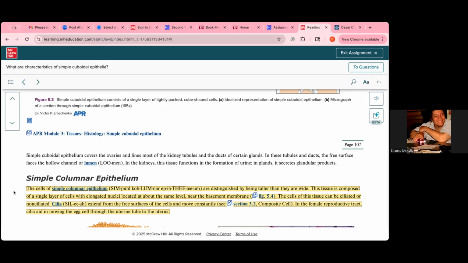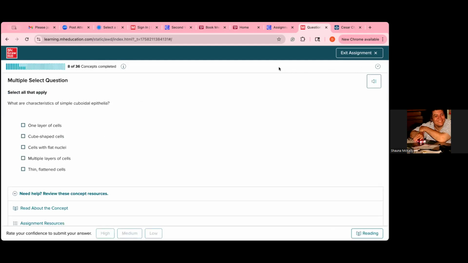All right, let's take a look at the question now. So it's simple, so it's one layer of cells. It's cube-shaped because that's what cuboidal is. So it's cube-shaped cells.